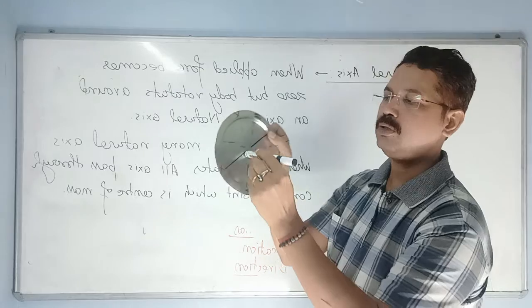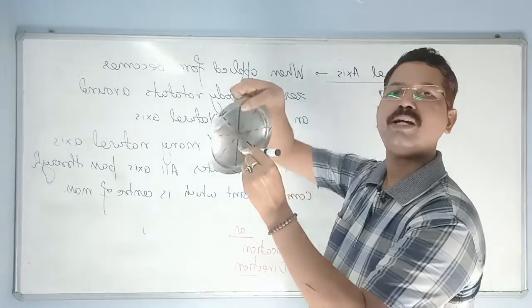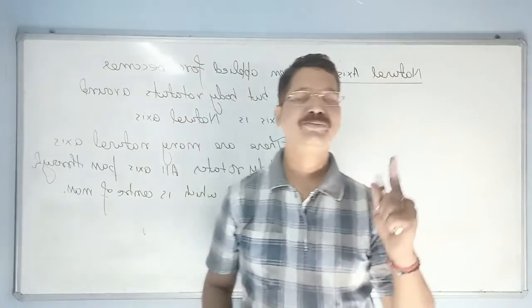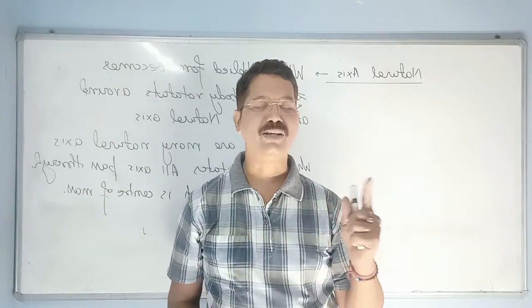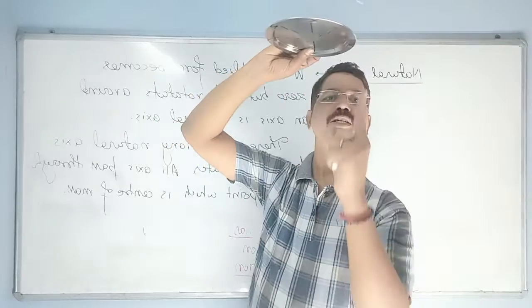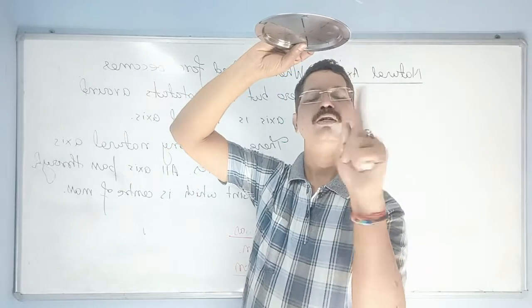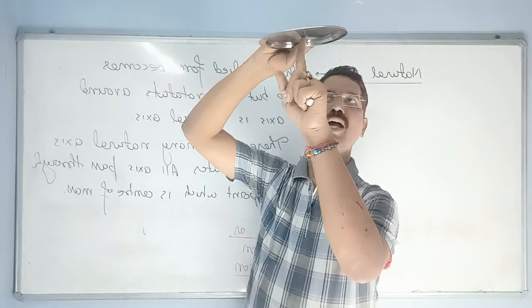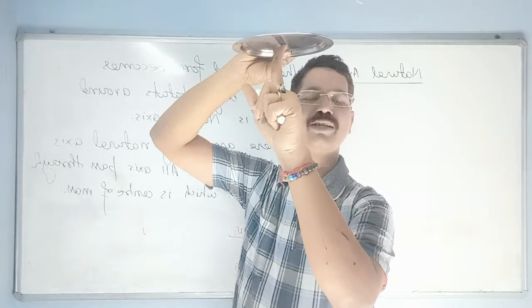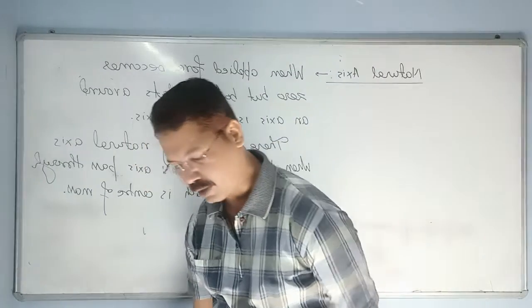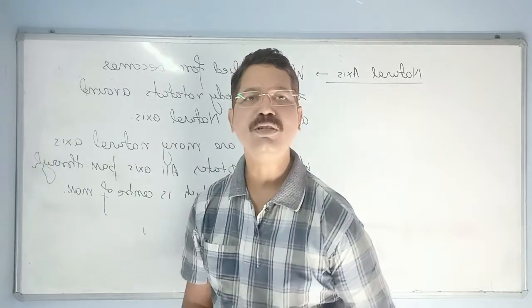So if it is rotating like this, this is the Sudarshan Chakra of Krishna Bhagwan, Vishnu Bhagwan. It is kept here on the finger. So this finger acts like the y-axis, and this is the definition of the natural axis. You know about the natural axis.